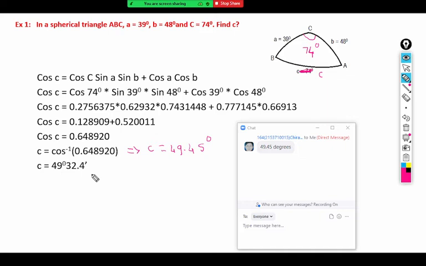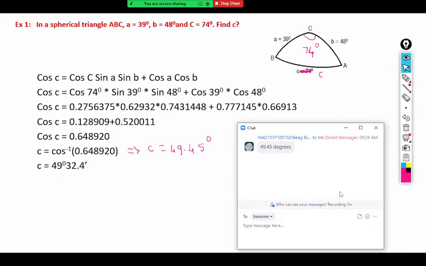It shows 49 degree 27 minutes. So somewhere a mistake was made by, I think, Chirag. Chirag, is it 49.45? It's 49.54. So if you make these silly mistakes, then your answer is wrong.